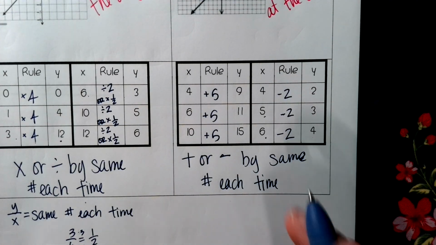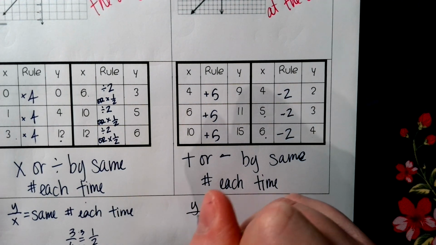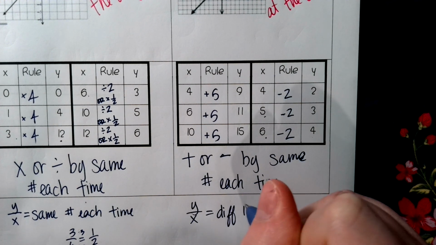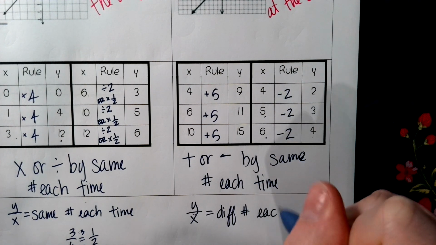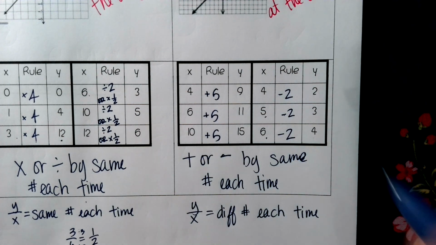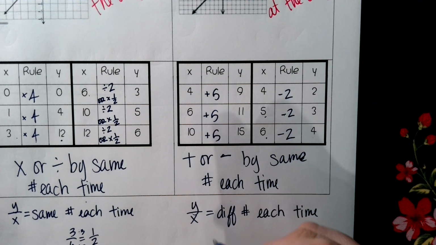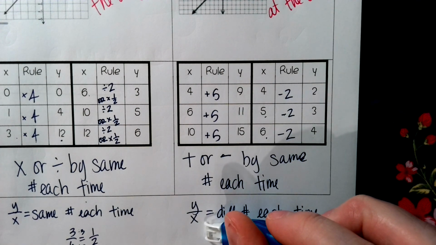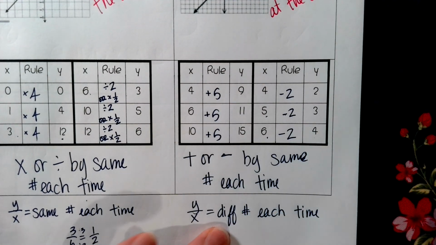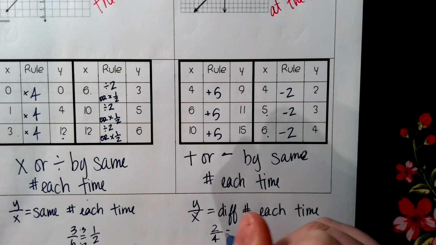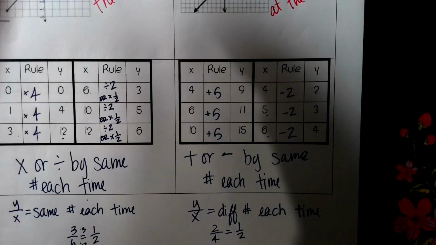And the last thing for non-proportional tables, if I do y divided by x, I'm going to get a different number each time. So for example, if I do 2 divided by 4, y over x, so 2 over 4, that simplifies to 1/2.